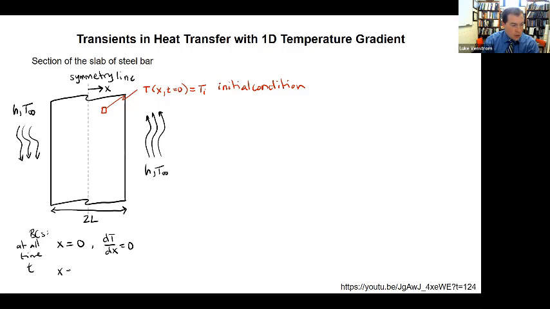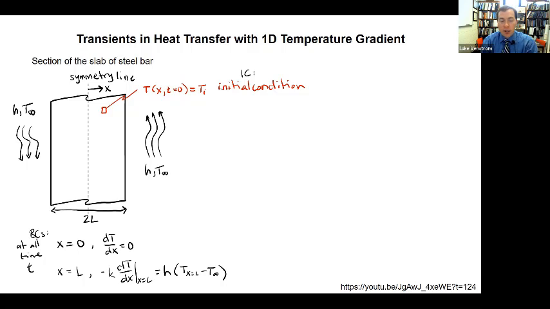And at x equals L, we have our convection boundary condition. So we have minus k dT/dx at x equals L is equal to h times (T at x equals L minus T infinity). So those are our boundary conditions now, and our initial condition, I'd call it IC. We're going to have all of those.